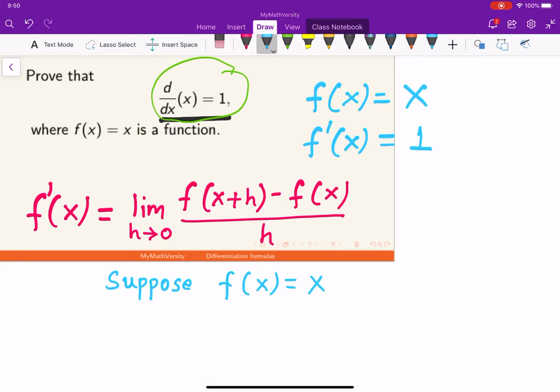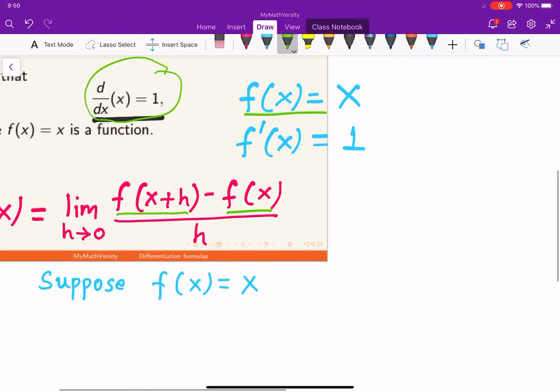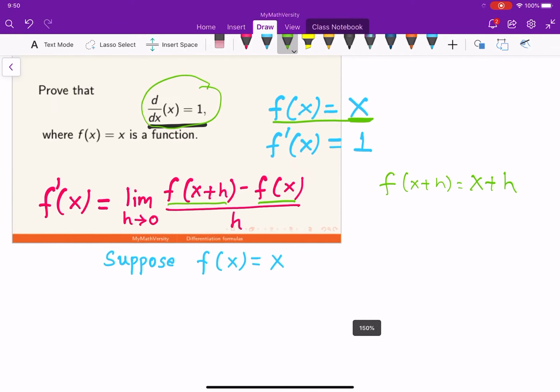To find it, we need to know the function, which we already have, and we also need f of x plus h. How do you find f of x plus h? If f of x equals x, then f of x plus h can be found by substituting x with x plus h, which in this case is just x plus h. That's very easy to find.